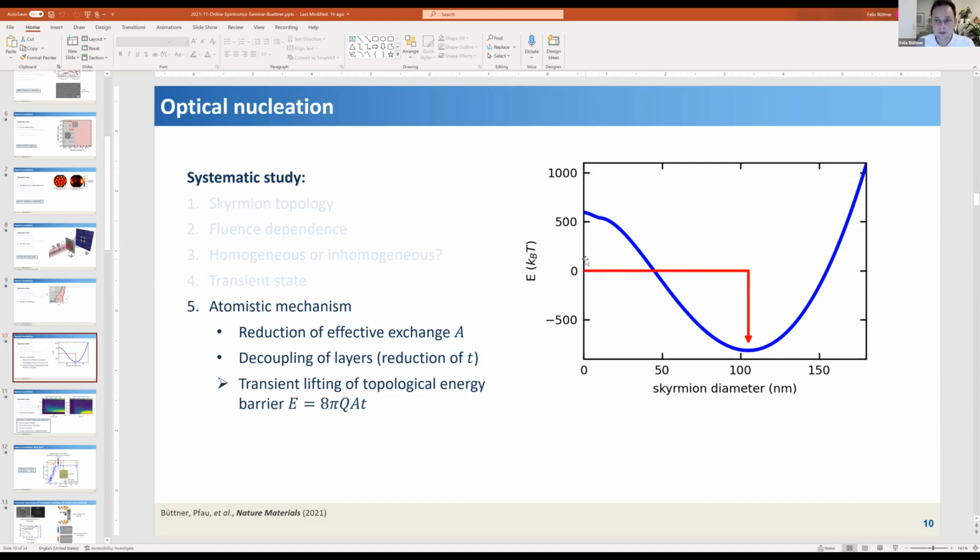Right. So the anisotropy term is essentially just scaling with the number of spins that are pointing in a direction that's unfavorable by the anisotropy, so in the in-plane direction. As you make the skyrmion smaller and smaller, the number of spins pointing in in-plane directions gets lower and lower. So eventually at zero radius, zero diameter, the anisotropy goes to zero. The anisotropy energy, the total energy in units of joules.